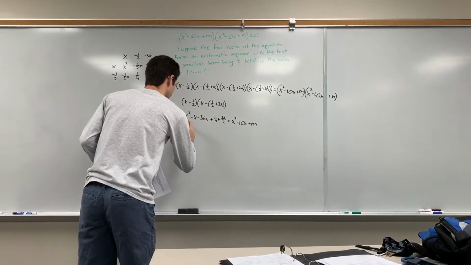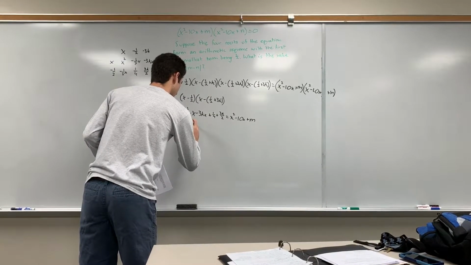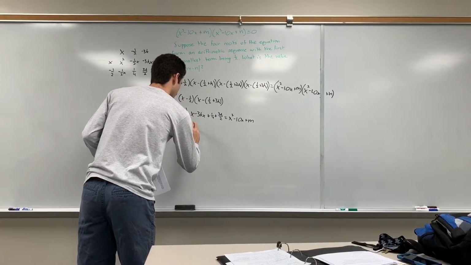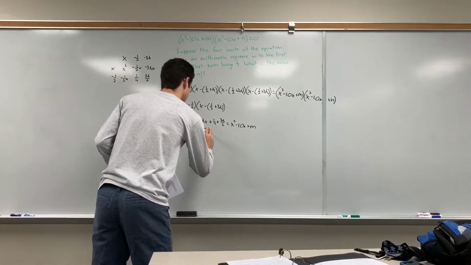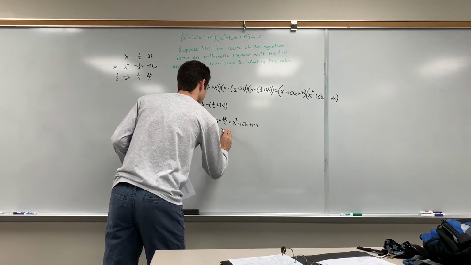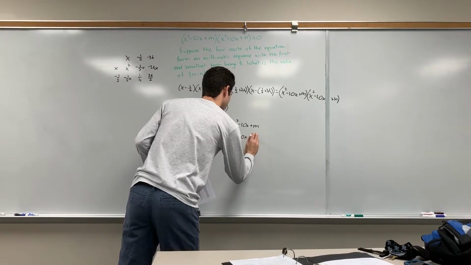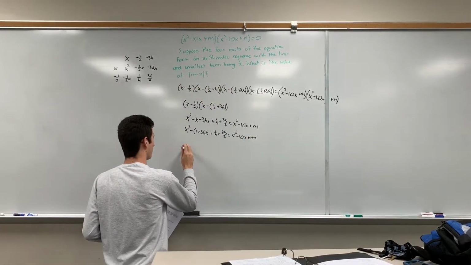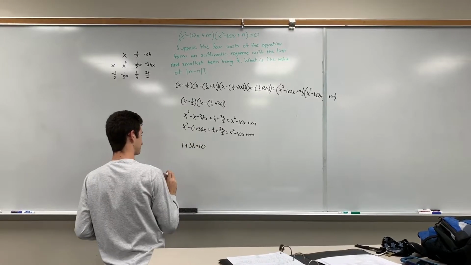So this is really x squared minus (1 plus 3k) times x plus 1/4 plus 3k over 2. So you know that 1 plus 3k equals 10.